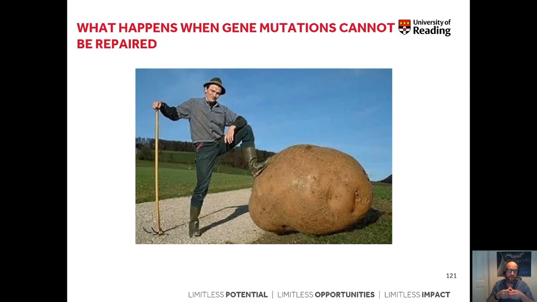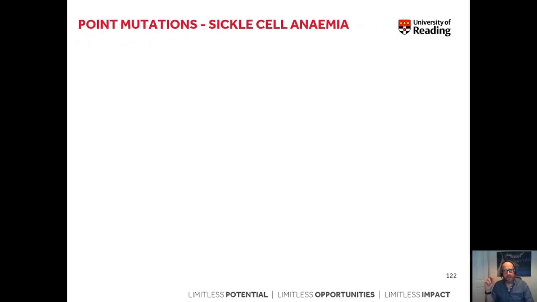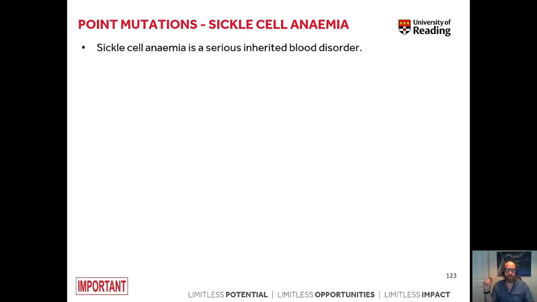So, after we have learned the basics of DNA repair, let's have a look at what happens when gene mutations cannot be repaired. Mutations can lead to many different disorders, and a very good and classic example of a genetic disorder resulting from single gene mutation is sickle cell anemia.